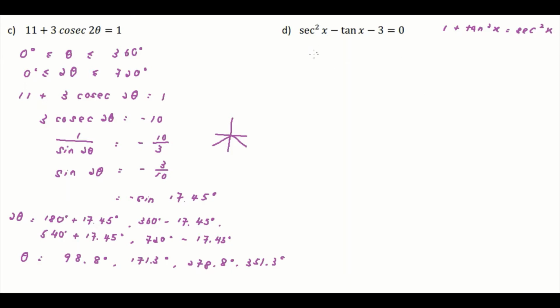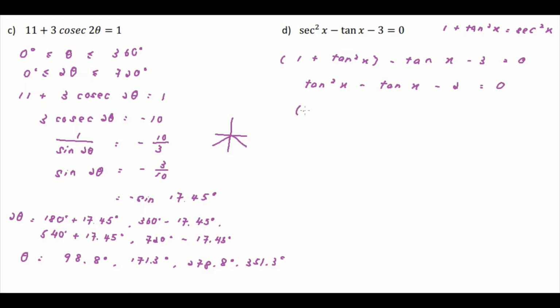So secant square x, we can change it to 1 plus tangent square x. So now we have a quadratic. Okay, so continue to simplify it. So tangent square x minus tangent x minus 2 gives us 0.